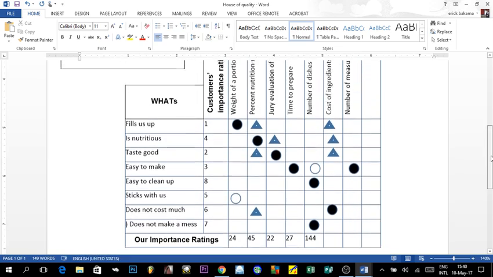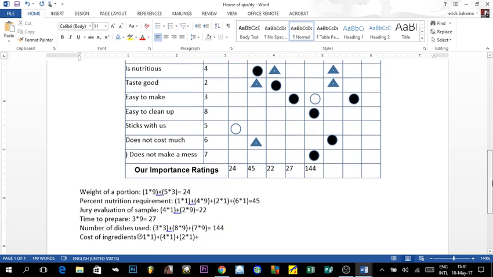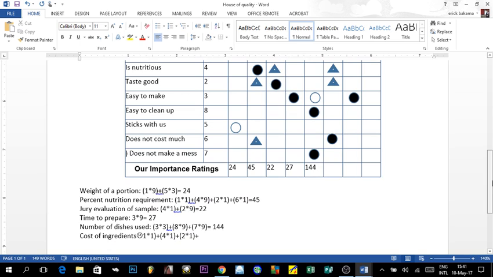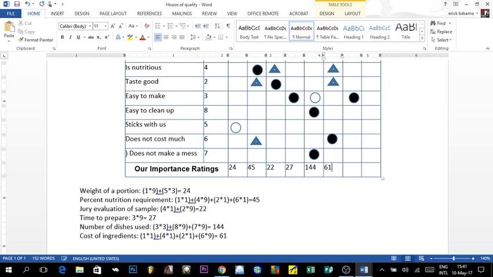And they say that this cost of ingredient has a high relationship with does not cost much, which is 6 times 9. So our value is 1 plus 4 plus 2 plus 6 times 9, which gives us a value of 61. And we have our 61 somewhere here.